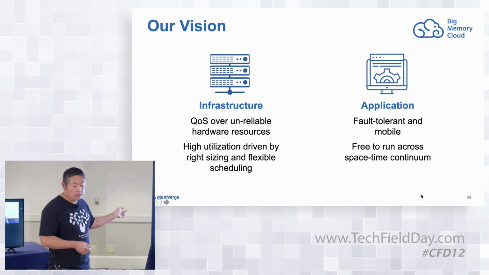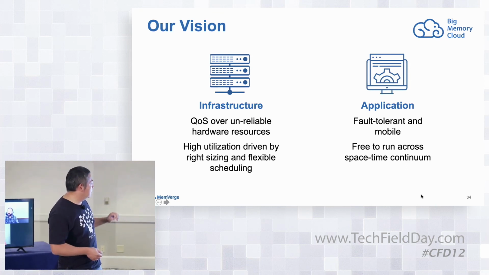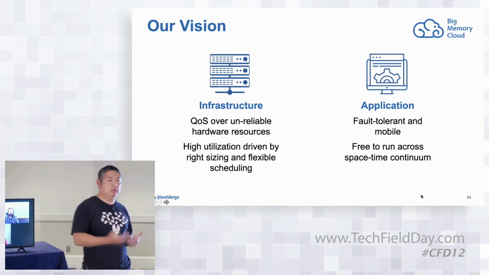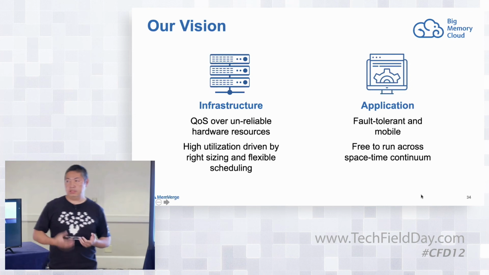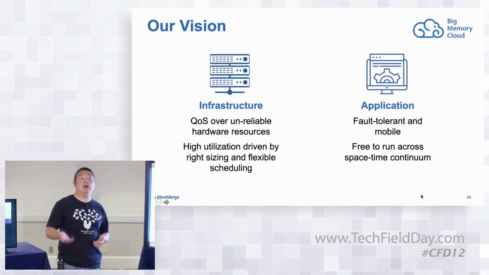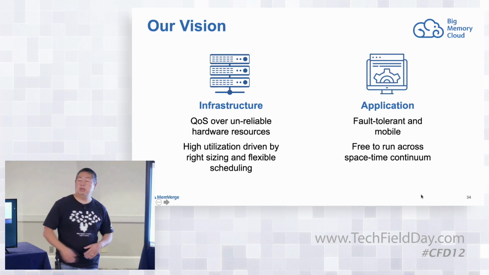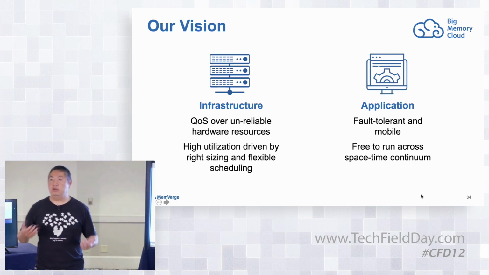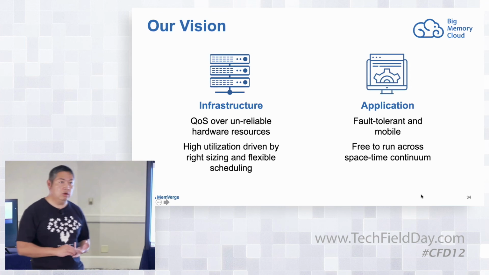The other one, as Eric has shown in the two examples, is that we can drive more flexible scheduling. We can drive right-sizing of the application to your hardware, and therefore increase the overall utilization rate of your investment.